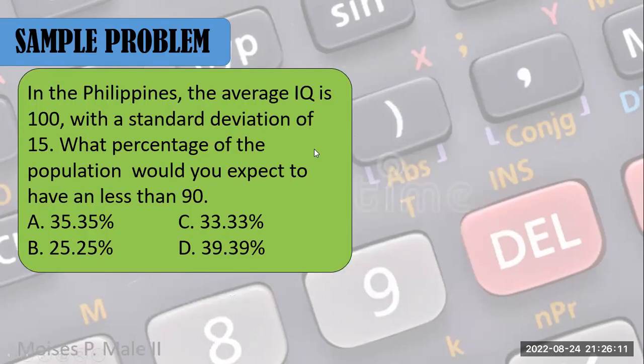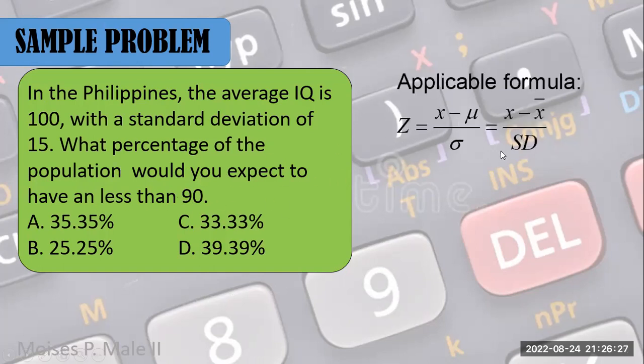So, ito dun sa normal distribution, diba? In the Philippines, the average IQ is 100 with a standard deviation of 15. What percentage of the population would you expect to have a less than 90? Okay. So, applicable formula for the z-score, no? Kailangan yung input yung z-score para makuha niyo yung probability.